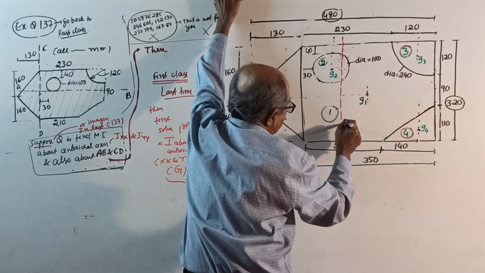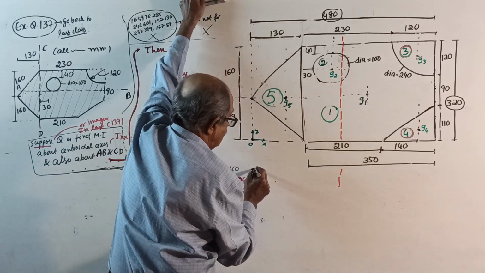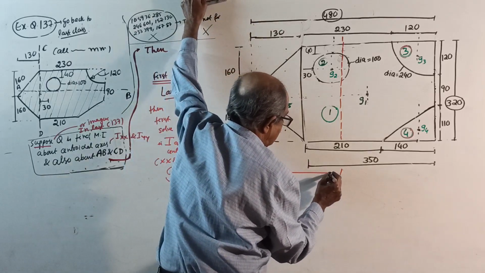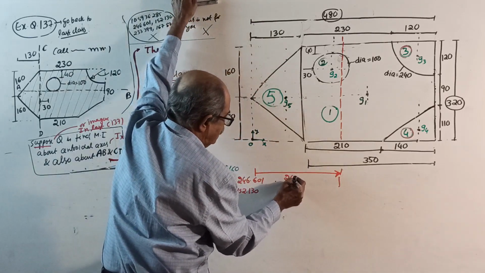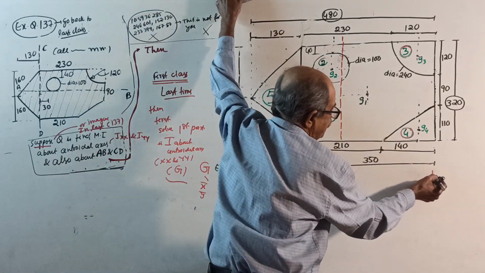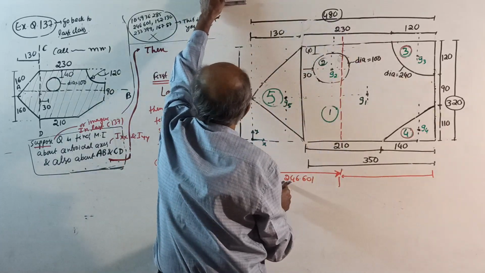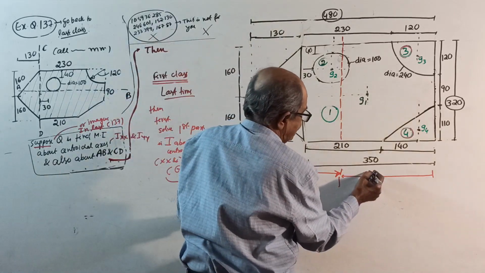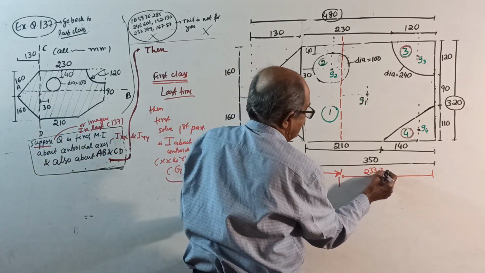From here to here, X bar is 246.601 which we got. Then from this end to this end, total 480, subtract, you get 233.399.